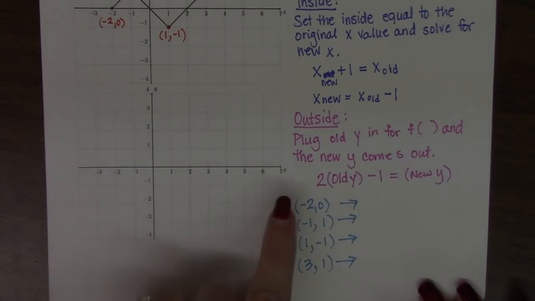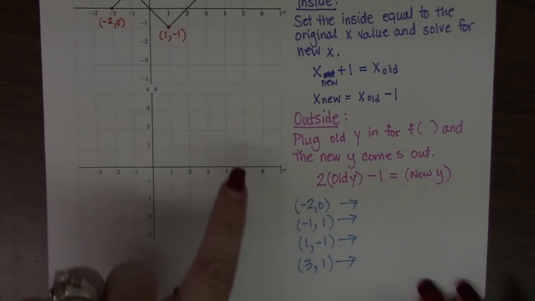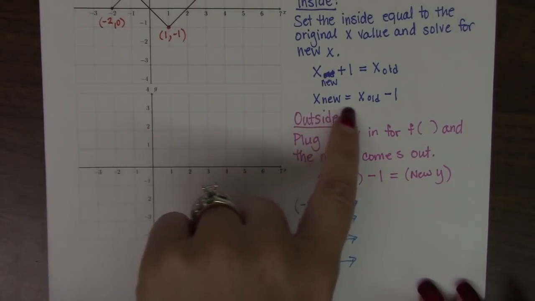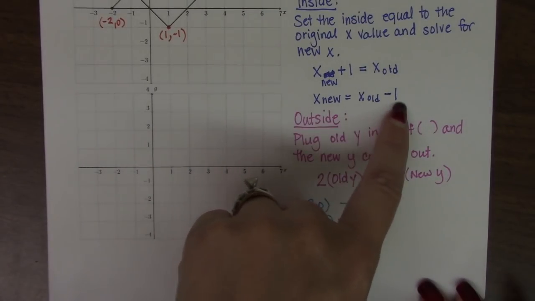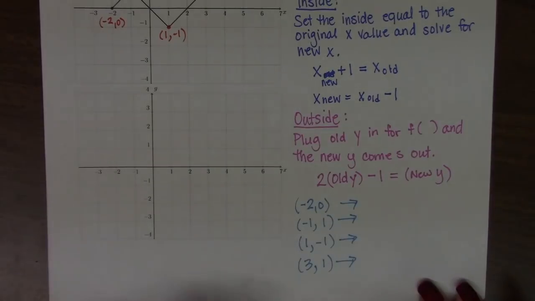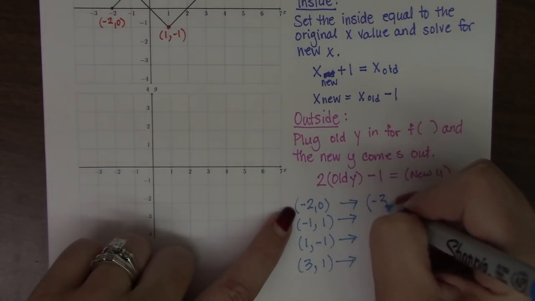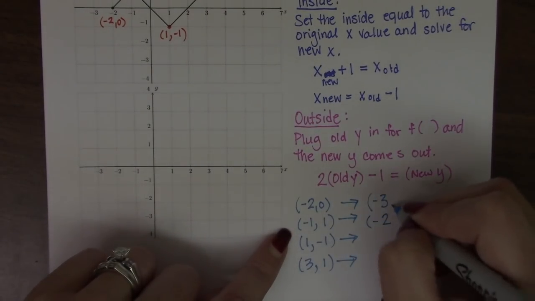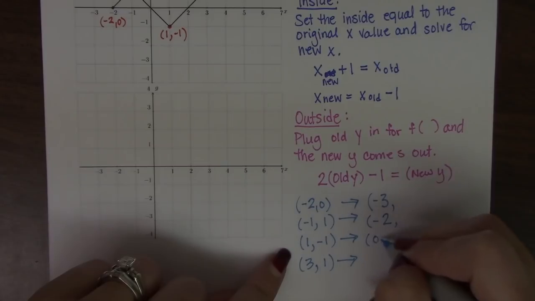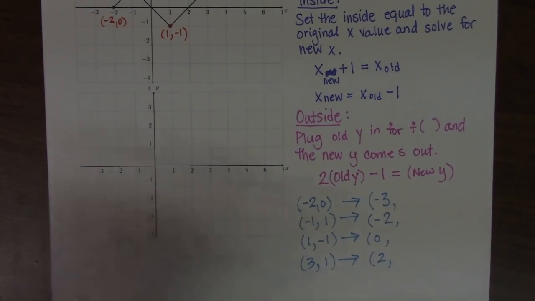What we're going to do is figure out where those points moved after all those moves were made. So let's do the x values first. We actually have an equation for that. This just says we'll take every original value of x and subtract 1 from it. So -2 minus 1 is -3. -1 minus 1 is -2. 1 minus 1 is 0. And 3 minus 1 is 2.